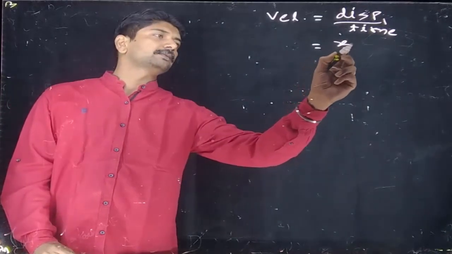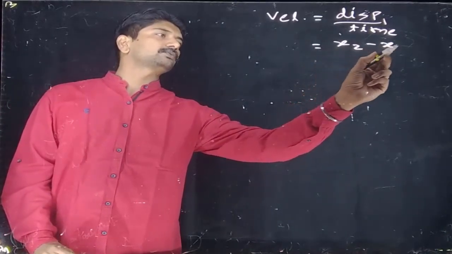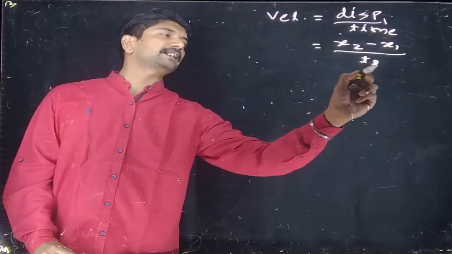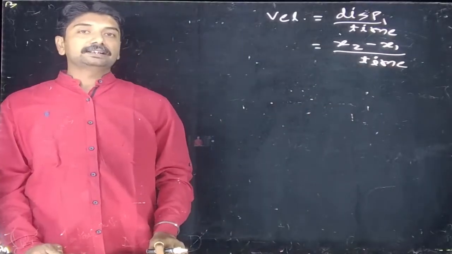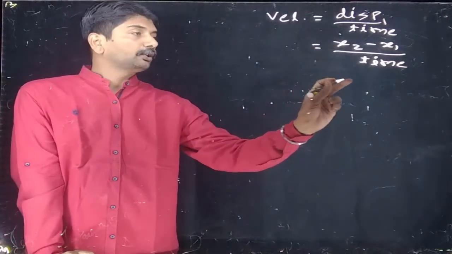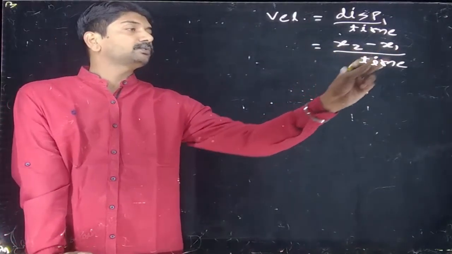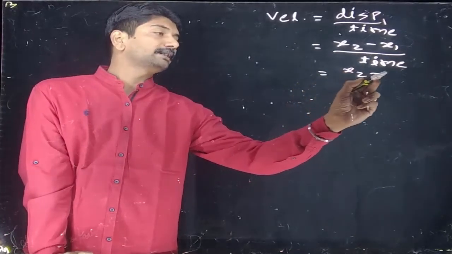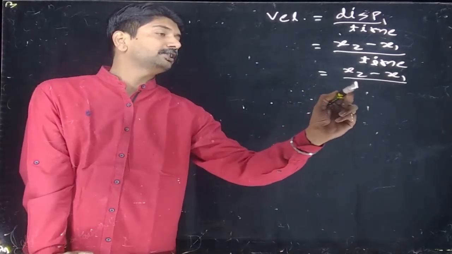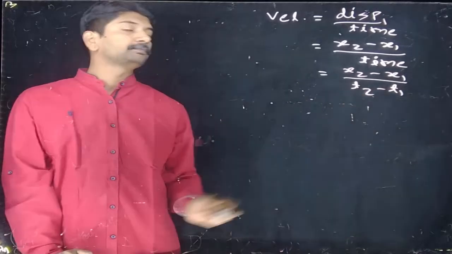That means x2, the final position, minus x1, the initial position, divided by time. Now, the interesting factor is that here you are talking about x2 minus x1. If I write it properly, x2 minus x1 divided by t2 minus t1.